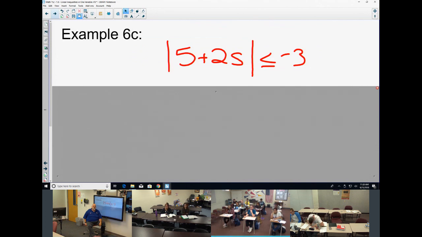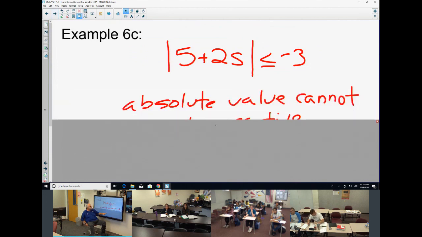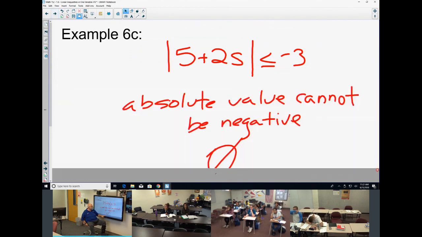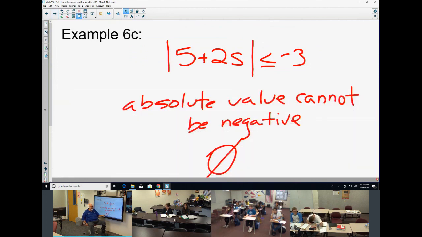Negative numbers? Actually, remember, absolute value is always positive. So the absolute value can never be less than -3. So this answer is going to be the empty set, no solution.